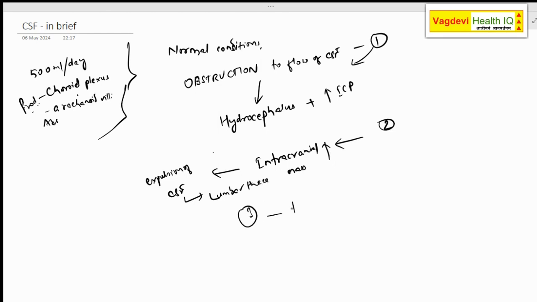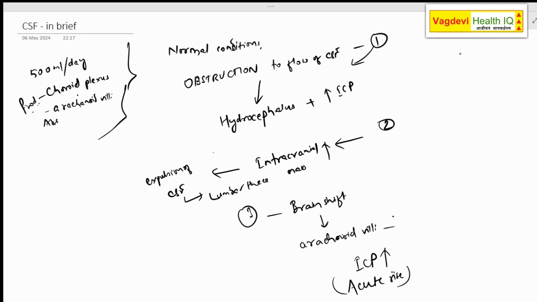But suppose even though more is there, what will happen? Brain shift. So CSF will go where? It will also go to the arachnoid villi, where it was supposed to be absorbed. So what do you think it will cause? It will cause the intracranial pressure to be abruptly high, an acute rise, right?